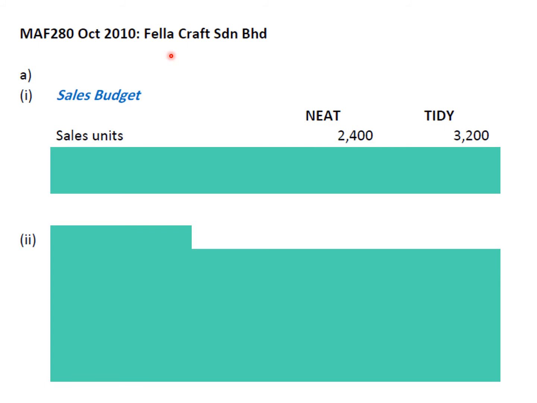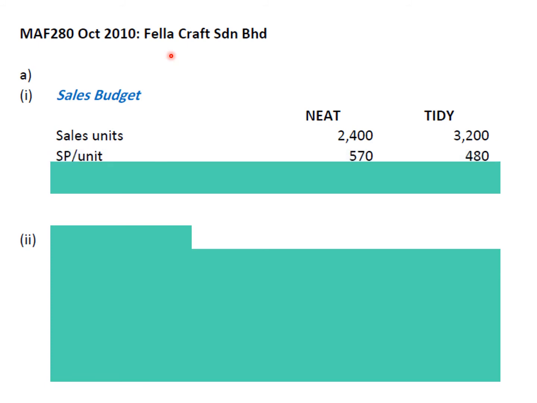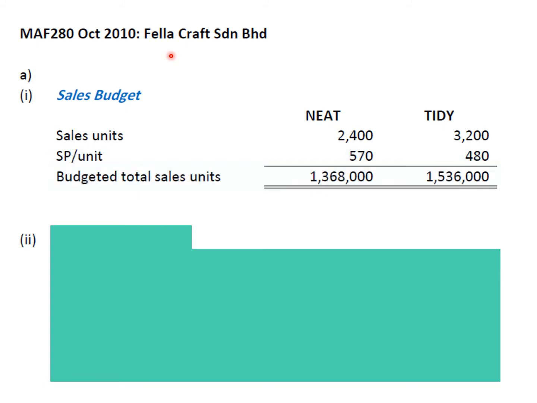Dan kita masukkan the sales unit, selling price per unit dan juga budgeted total sales unit. So, dalam soalan you, dia bagi information pasal the budgeted total sales value. Right? Budgeted total sales value.